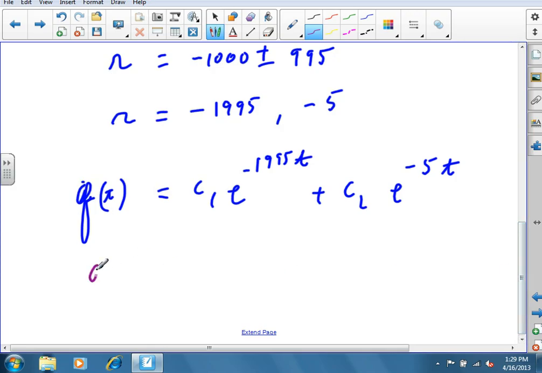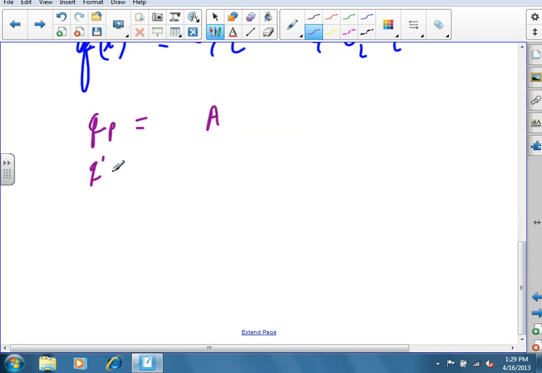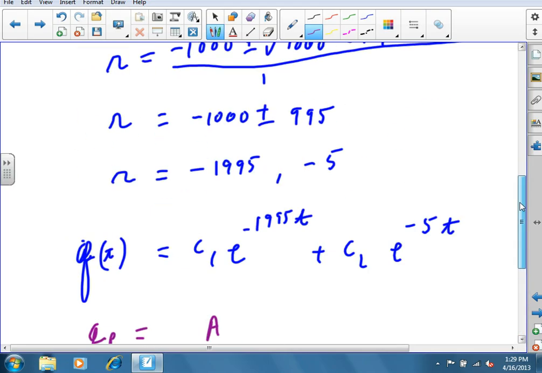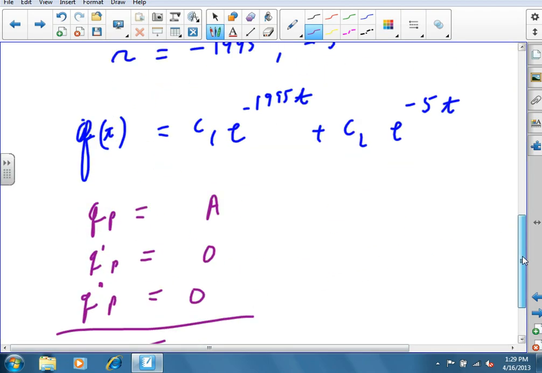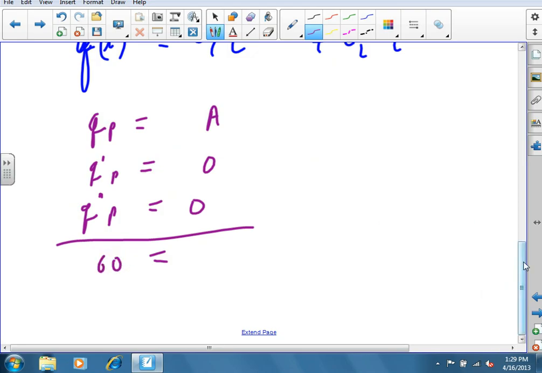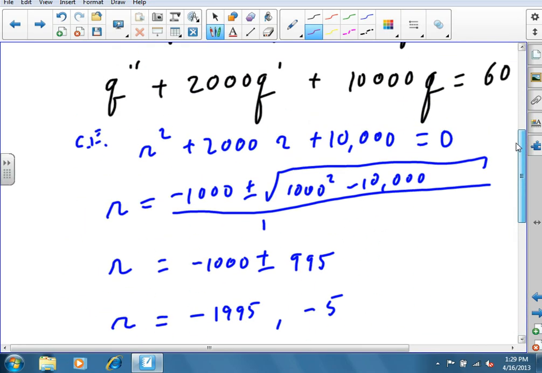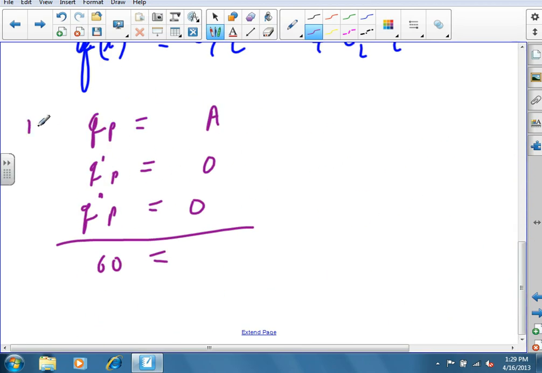So Q sub P, the particular solution, has to be A, Q prime P is 0, Q double prime P is 0, and I need to have 60 equal 10,000 A. So A is going to equal 6 over 1,000.